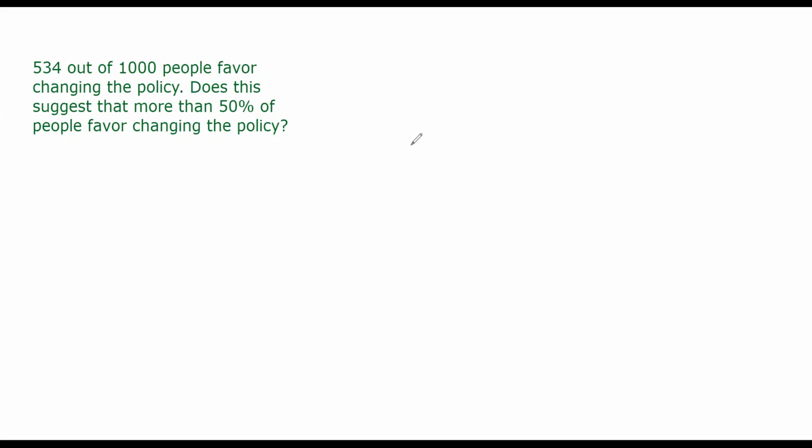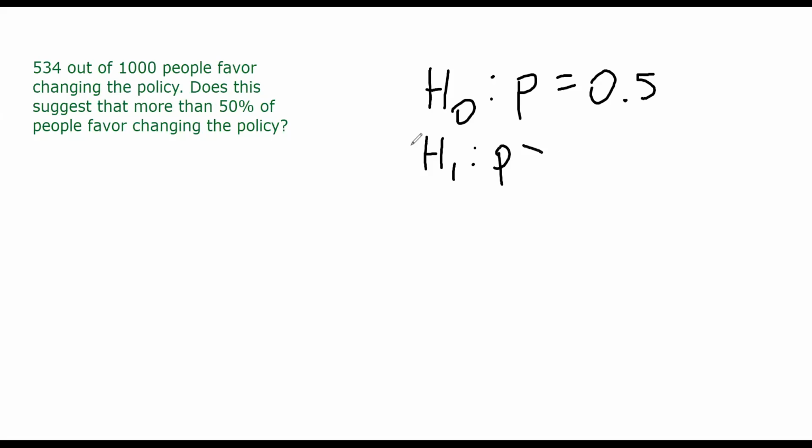We simply need to start by considering what our hypotheses are. We want to know if more than 50% of people favor changing the policy. So this must be a right-tailed test.